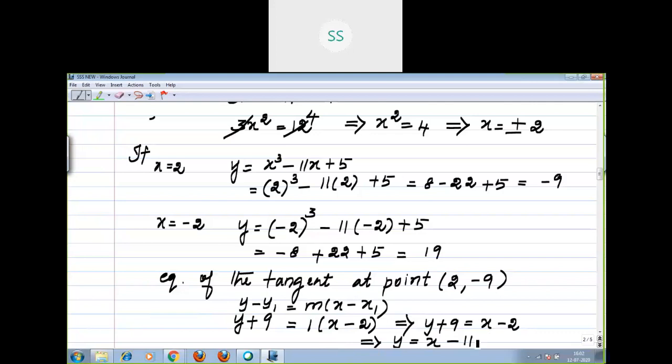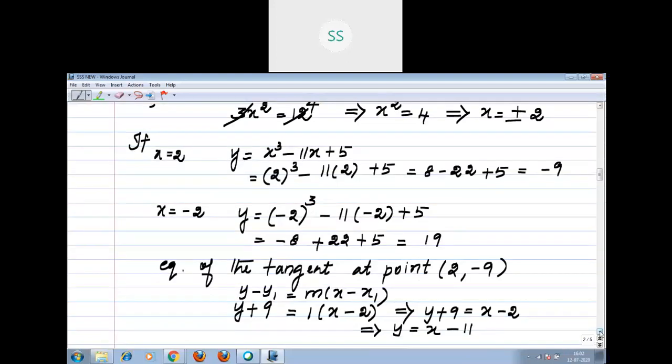What is given in the question, the same thing you arrived at when you substitute the point 2 comma minus 9. But minus 2 comma 19 does not satisfy your given equation, right?